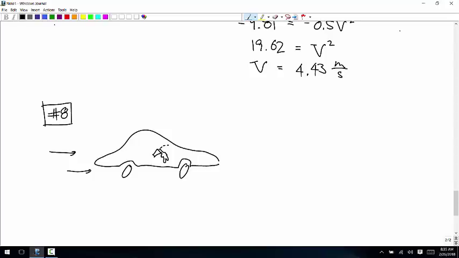So the acceleration of the car relative to the ground, if I use this coordinate system, is negative 4, 0.